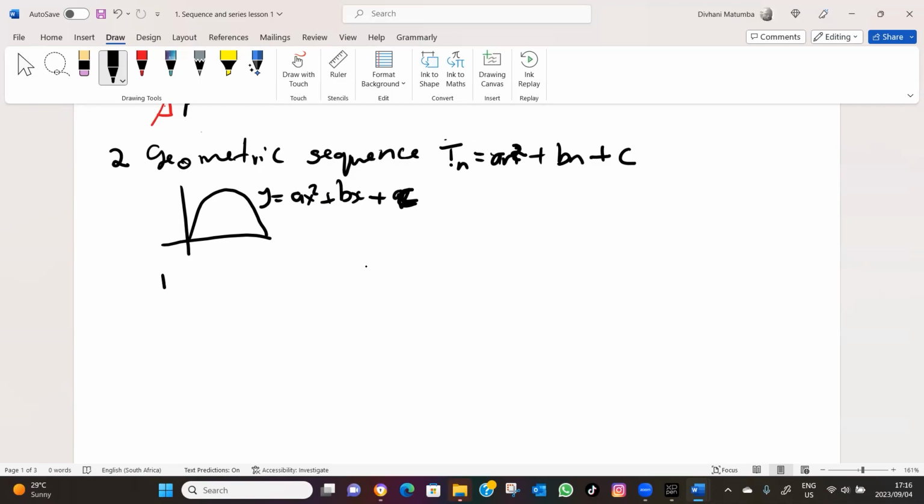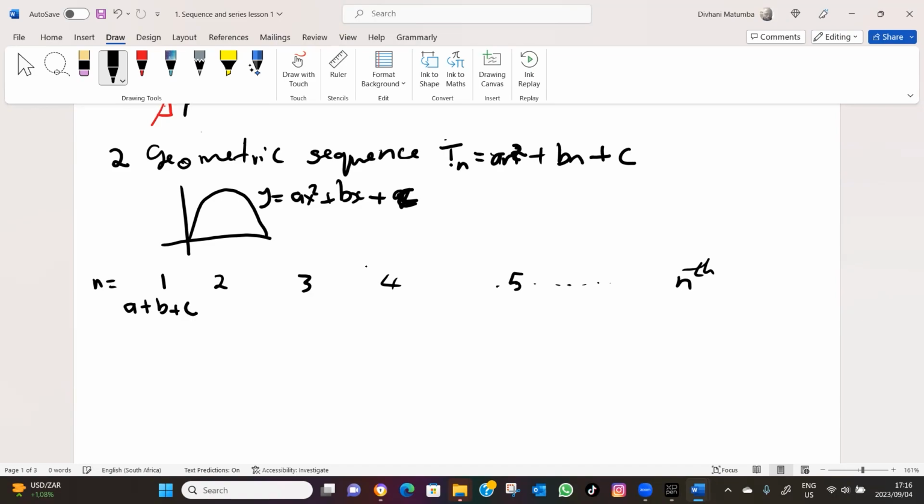There's term 1, term 2, term 3, term 4, term 5, up to infinity, which is the nth term. Let's say, for instance, term 1: if you substitute n equals 1 into this function, you will get a plus b plus c.